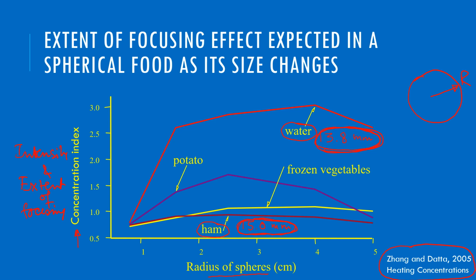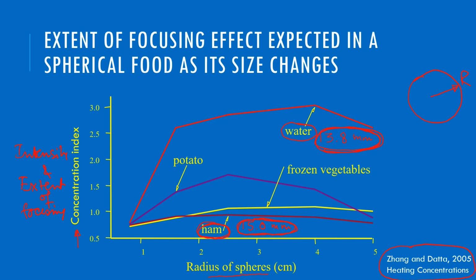But it's not just the wavelength. Focusing is less intense for small penetration depth. So ham, as we know, is lossy, so it has a small penetration depth. That also very much reduces the possibility of the focusing effect.